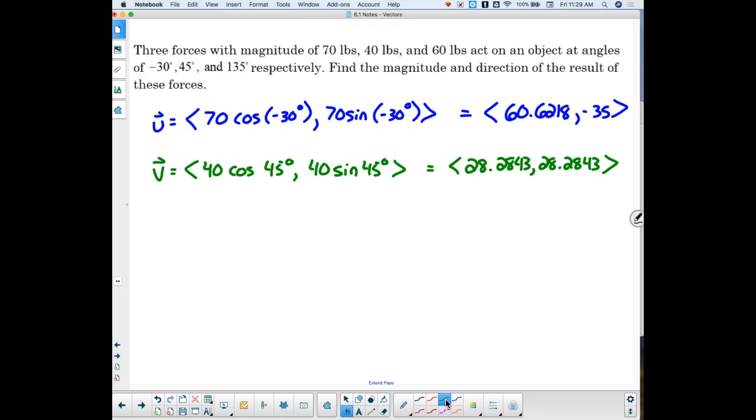So that gives me a vector of 28.2843, comma 28.2843.